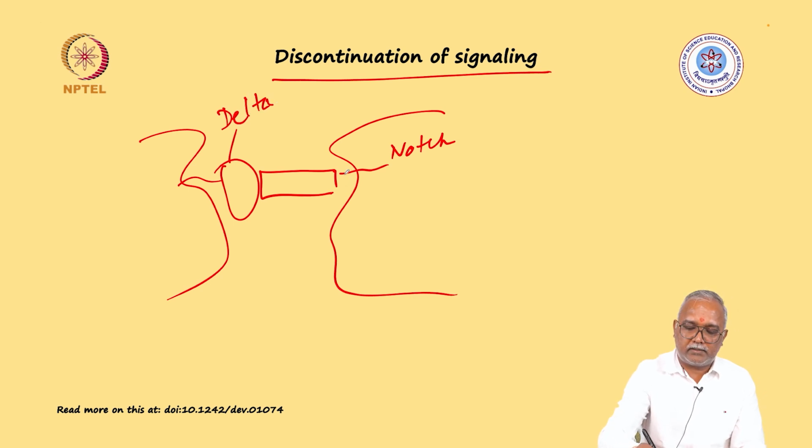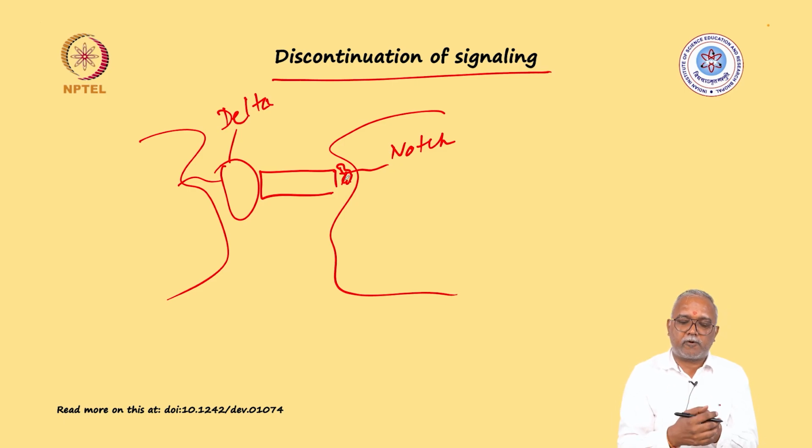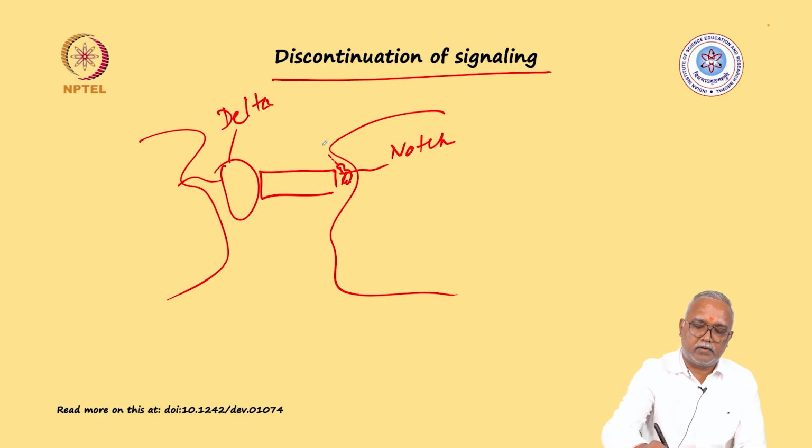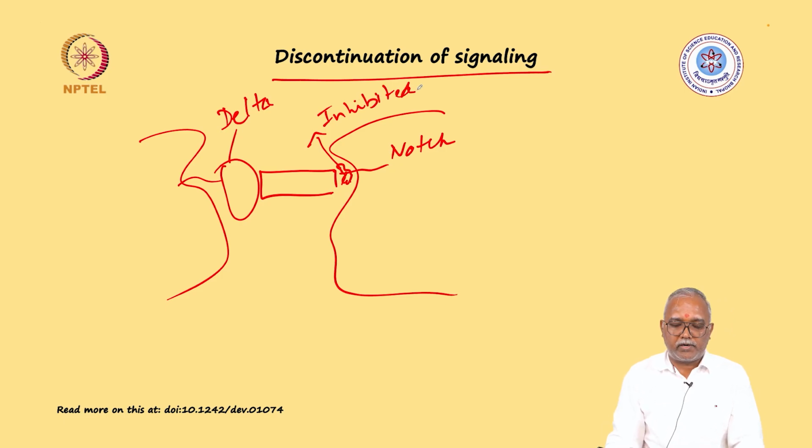So the region which is in proximity to the membrane in the extracellular space, this is where a domain arrangement is there which is normally in a coiled state which is inhibited. Inhibited in the sense that it cannot undergo proteolytic cleavage.